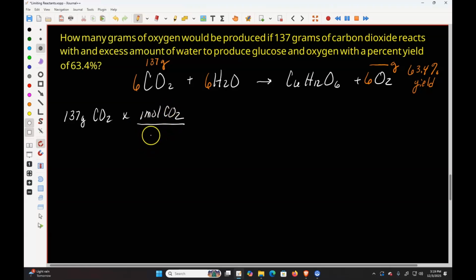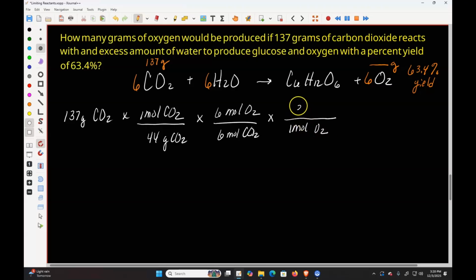Okay, so CO2 is 44 grams CO2. Our ratio step, I have 6 moles of O2 per 6 moles of CO2. And 1 mole of oxygen is 32 grams for O2. This gives me 99.6 grams O2. This will be my theoretical.